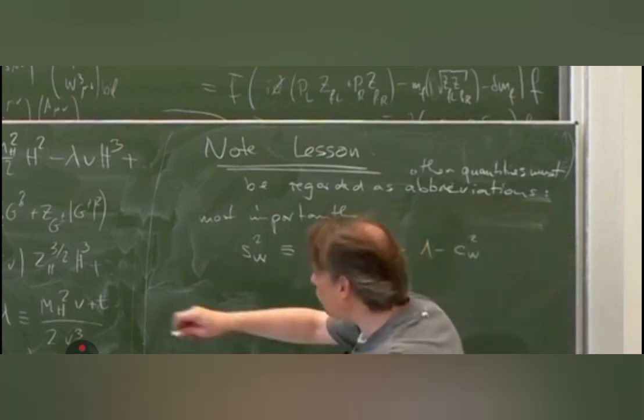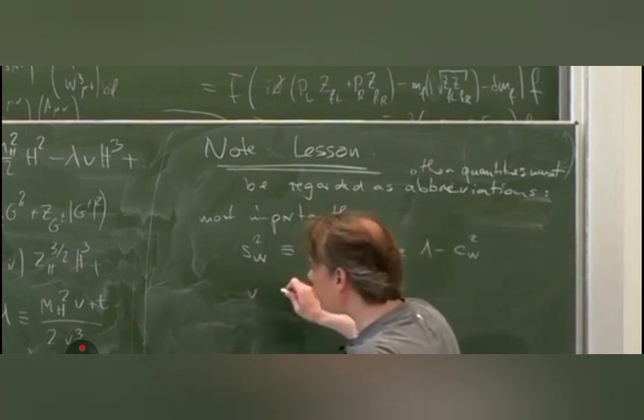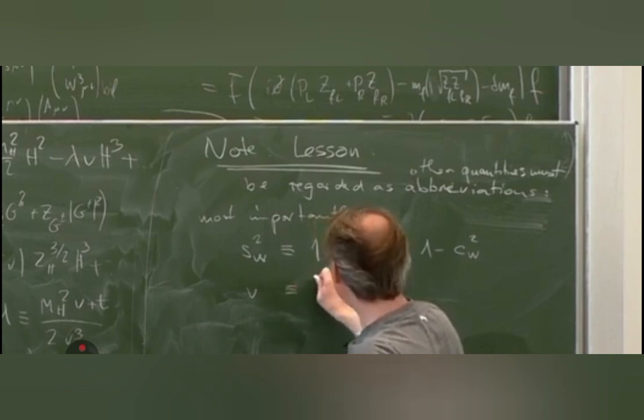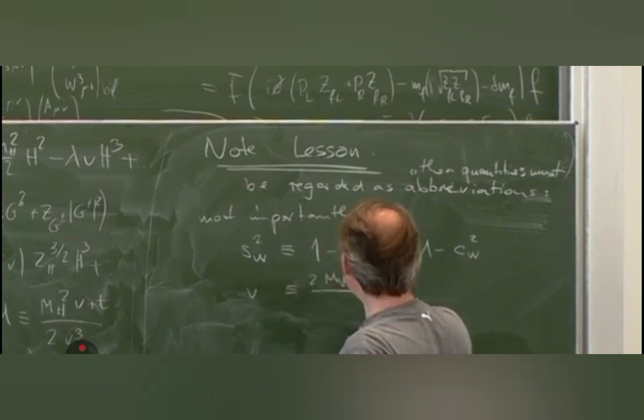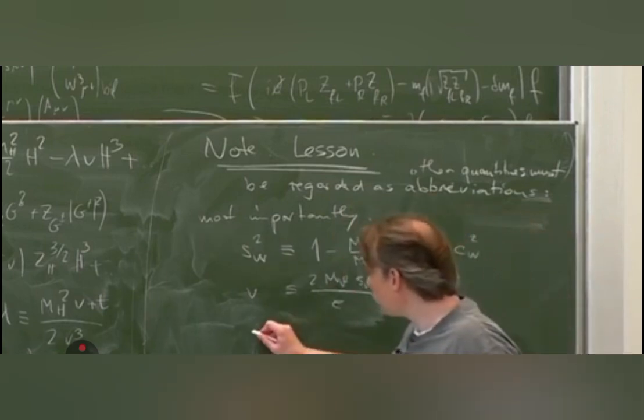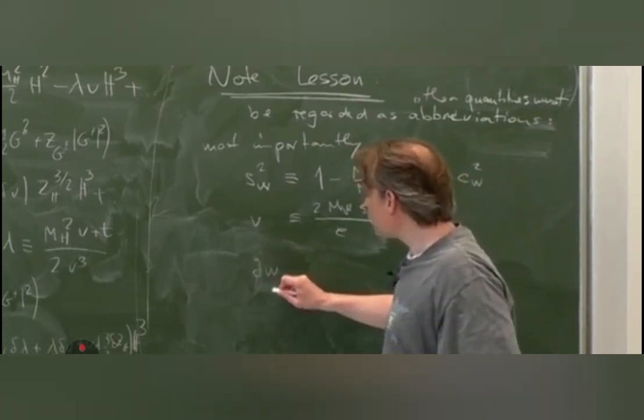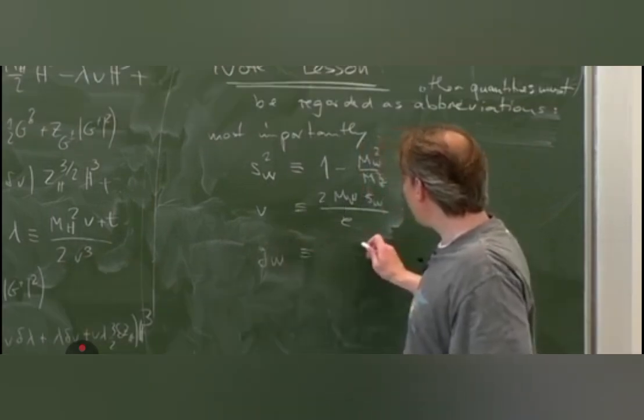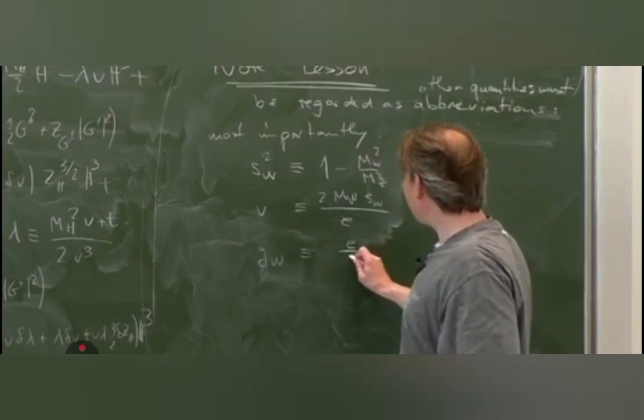Similarly, let me also write down again the vacuum expectation value. V is given by 2 MW times SW divided by E. And maybe also as a third interesting thing, the gauge coupling GW would be an abbreviation for E divided by SW.